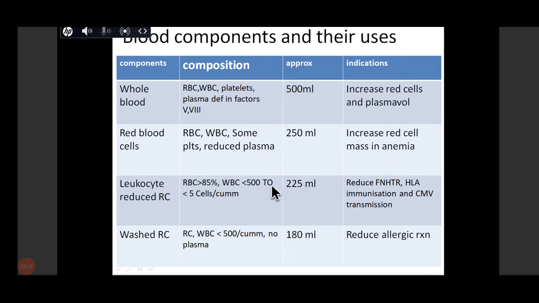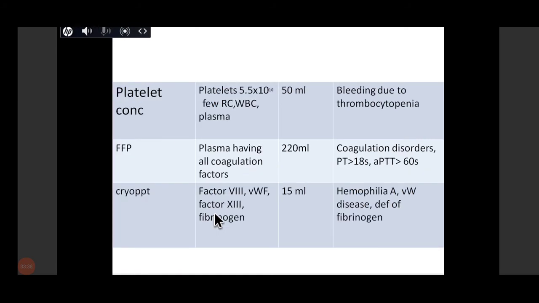Leukocyte-reduced blood is used if the patient is having febrile non-hemolytic transfusion reactions, or to reduce CMV transmission. We can use washed red cells also if the patient is having an allergic reaction. Then we can have platelet concentrate, as I have told you before, during thrombocytopenia, and cryoprecipitate, which we can have in hemophilia A and factor deficiency.